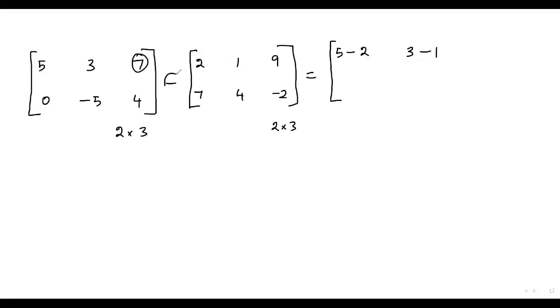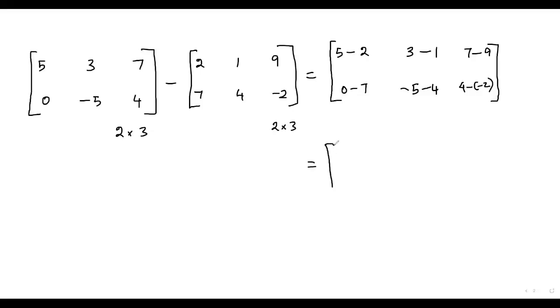Then we have 7, negative 9. So we just have to subtract the corresponding elements. And 0, negative 7. And we have negative 5 over here. And subtraction 4. And we have 4 negative of negative 2.